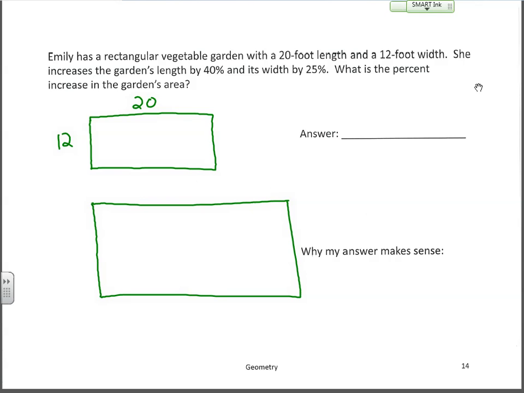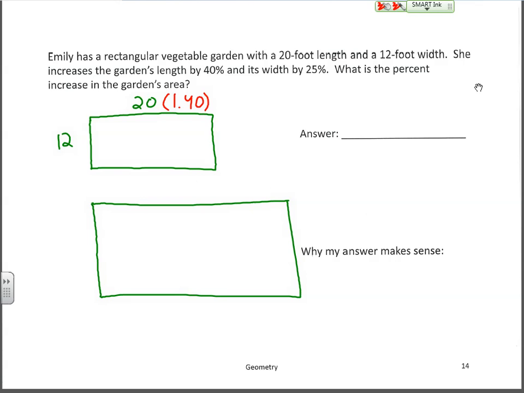And we decided that the most efficient was to multiply our length 20 by 1.40 or just 1.4. And why that increases 20 by 40%? Multiplying 20 by 1 here, the 1 in 1.4 doesn't change the value, right?